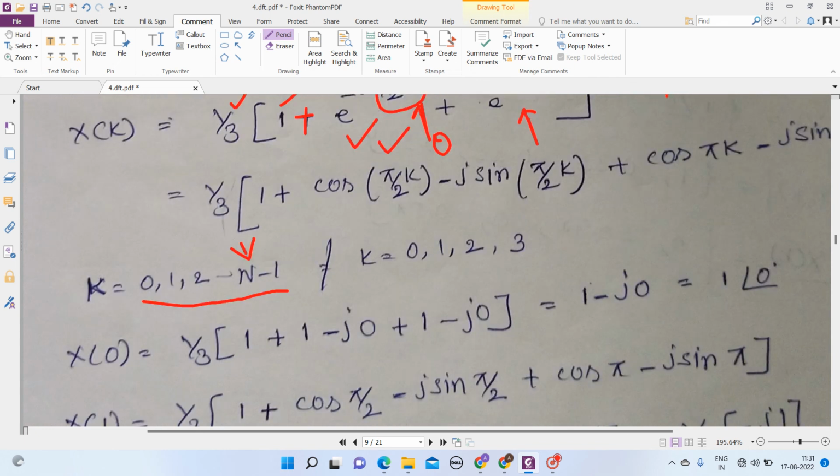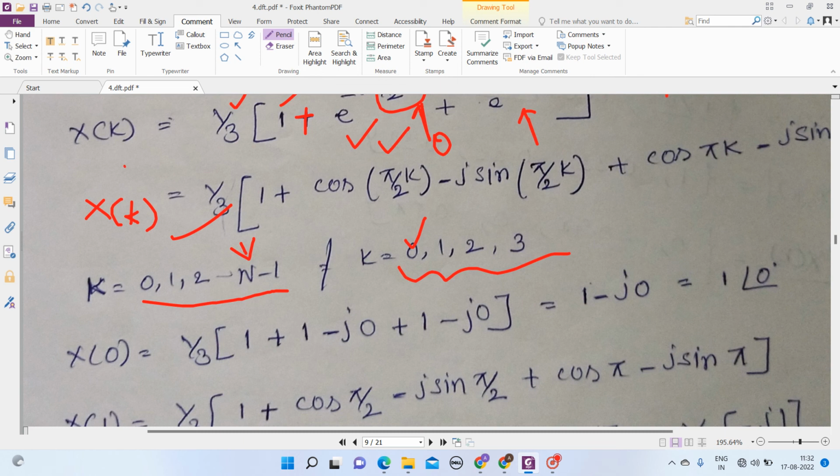Now we have to substitute these values to find out the DFT value of x of n. First we have to substitute k as 0 for this equation.